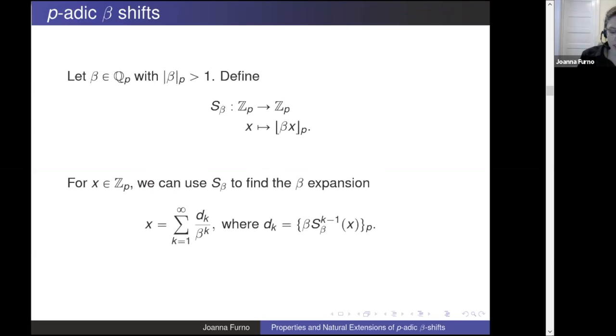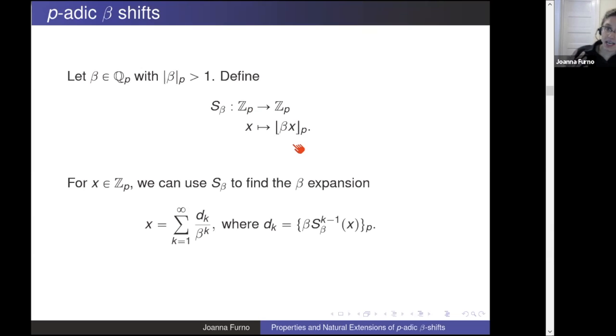And so just like how did we define our beta shift for our interval? We took something that was going to take us outside of our interval. So we're taking something in the p-adic numbers that has absolute value bigger than 1. So that's going to take us outside of our p-adic integers. And then we come back, but to come back in the p-adic case, we have to come back with the integer part.